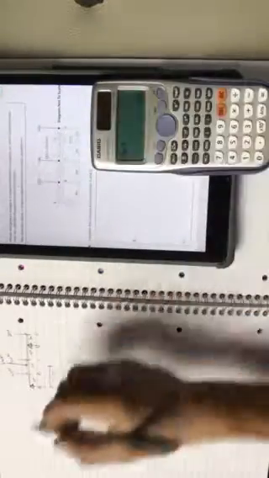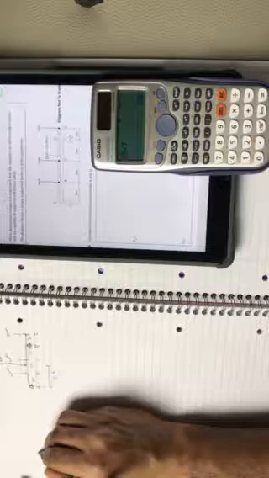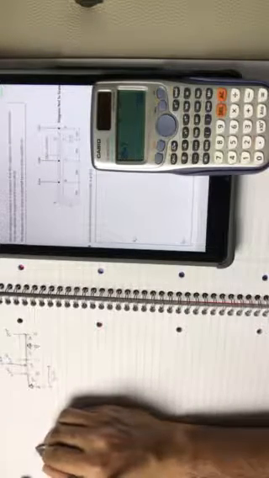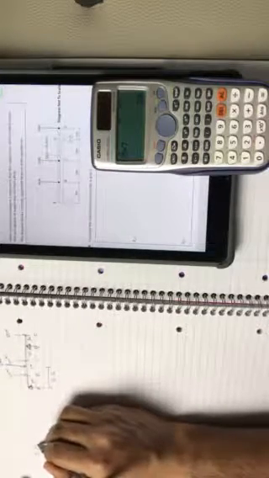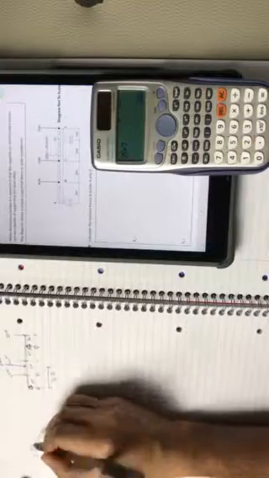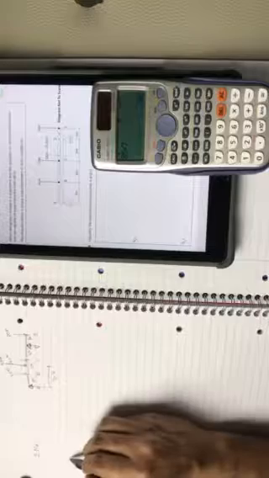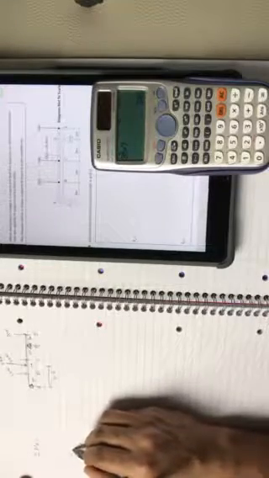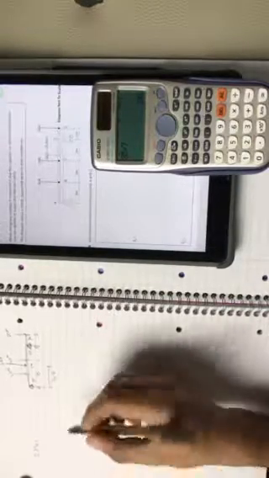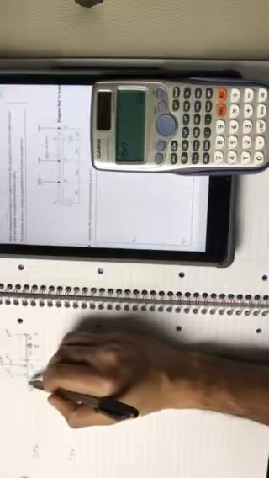Now, the sum of all moments about point A will be equal to, I'm going to write it down here because this space will not be enough.